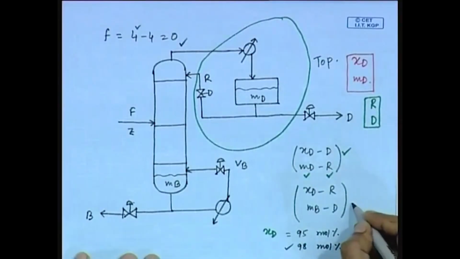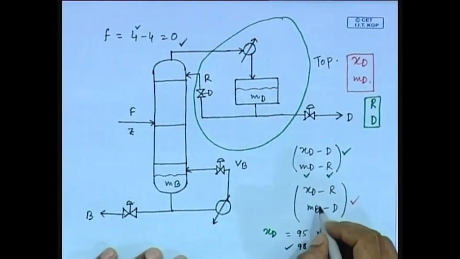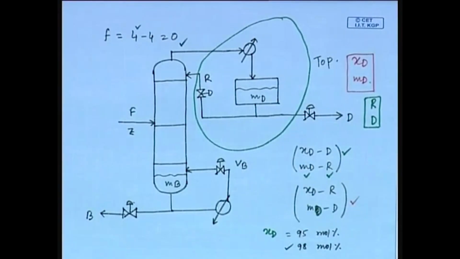So, xD versus D is not a good option, and the second option gets preference. I mean xD versus R, and this is not MB, this is MD. MD versus D, this is the best option among these two.